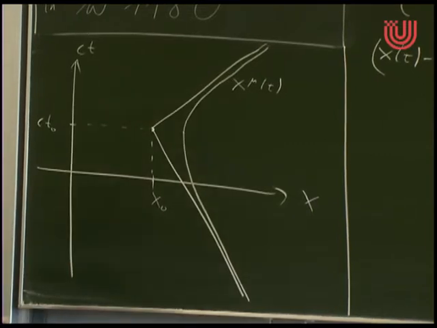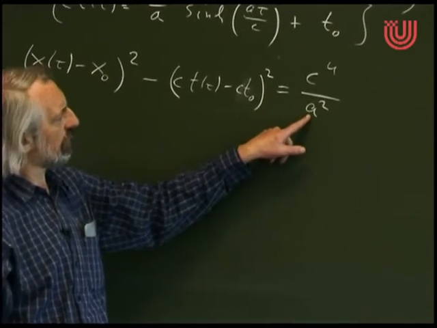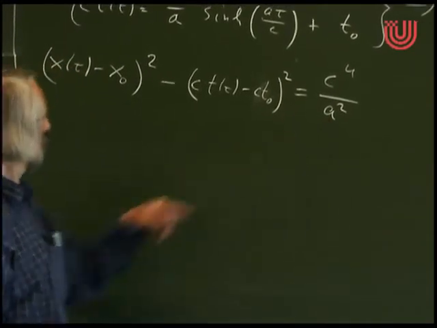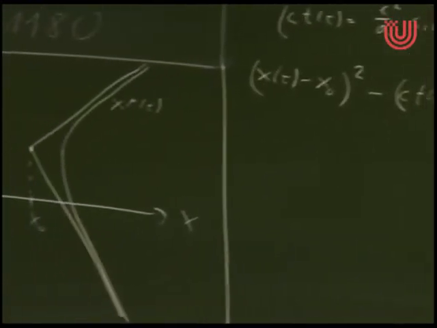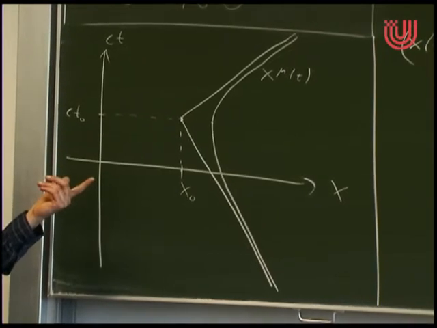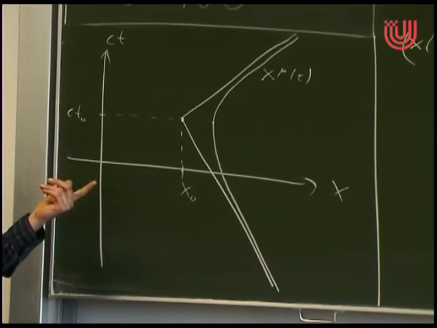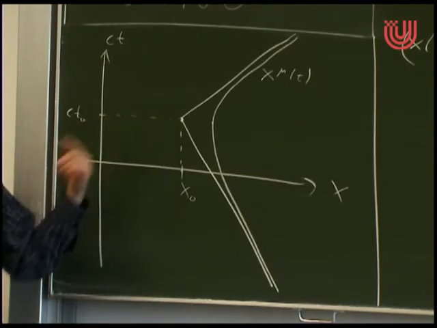So what does the absolute value of this A tell us? If I make A bigger or smaller, what would change with the picture? You have an idea? If I make the A very, very big, if I have a very, very strong acceleration, what changes is how close this is to the light cone.